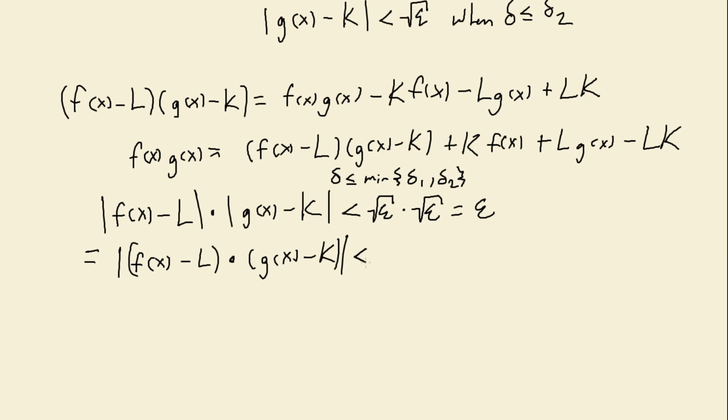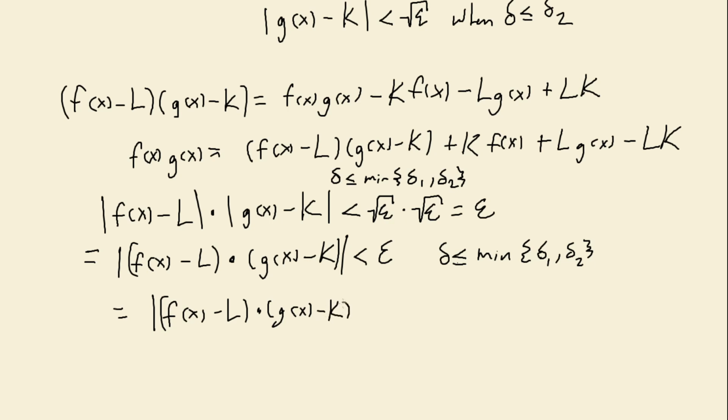And so if we know that this is less than epsilon, provided that delta is going to be less than or equal to the minimum of delta 1 and delta 2, then we can rewrite this a little bit, say that the absolute value of f of x minus L times g of x minus k minus 0 is less than epsilon, provided that delta is that.